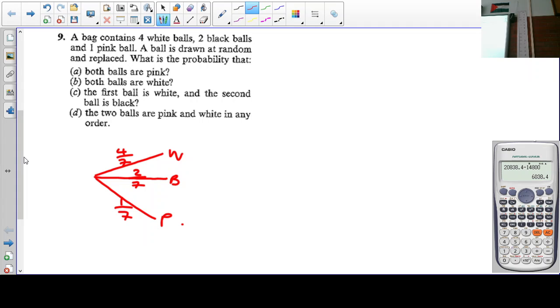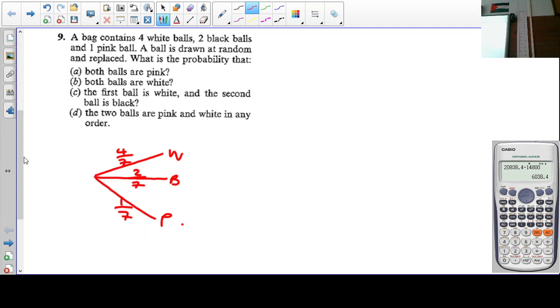So this is your first event. There are 2 events taking place here. How many balls are drawn out of this bag? 2. Does it make sense?